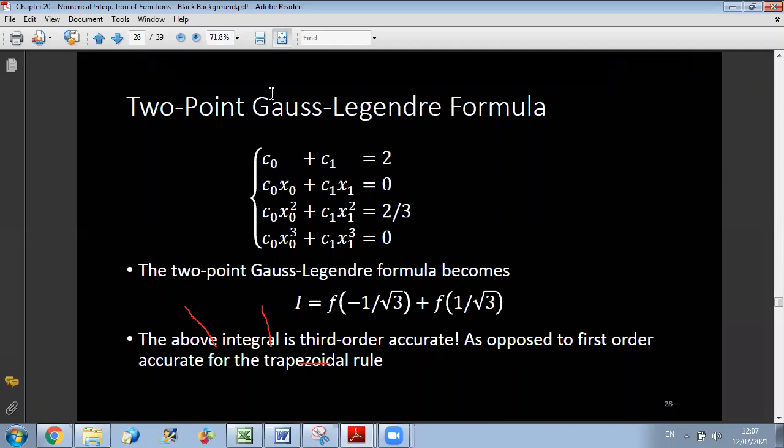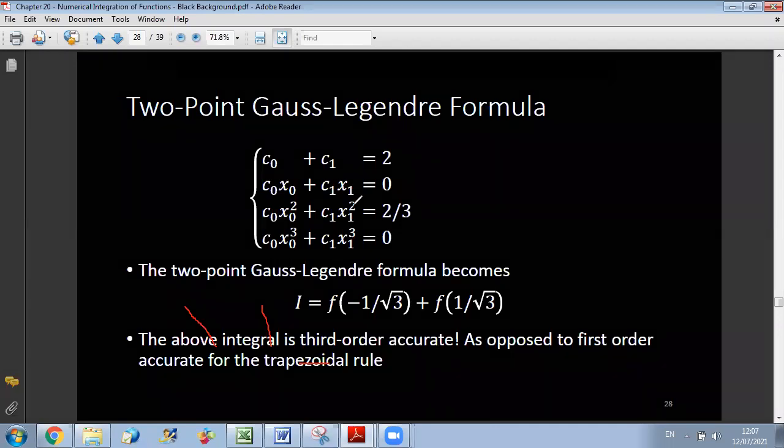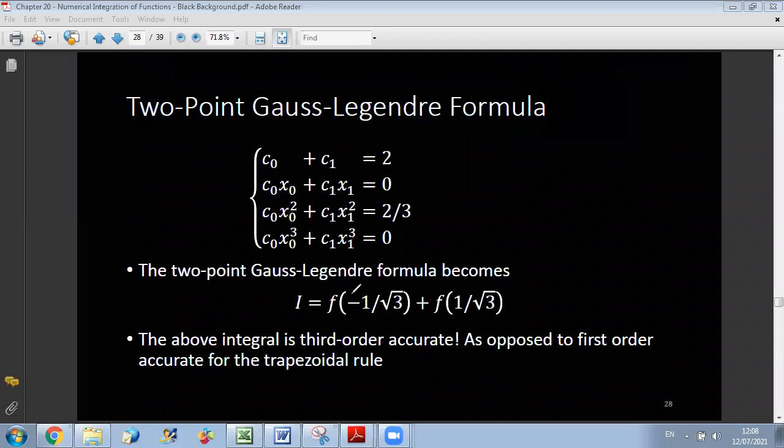If you solve, you will get the following: c0 and c1 are equal to 1, and x0 and x1 are -1 over radical 3 and 1 over radical 3. So if you want to use the 2-point Gauss-Legendre formula, also called Gauss quadrature, you can be sure that your method will give you exact results if your function is constant, linear, quadratic, or cubic.